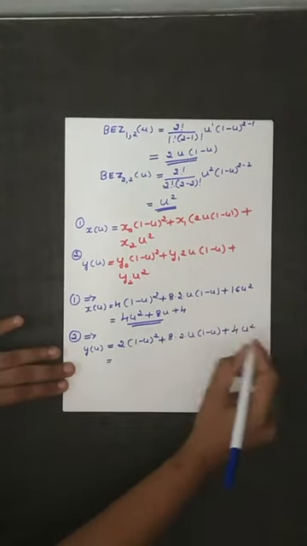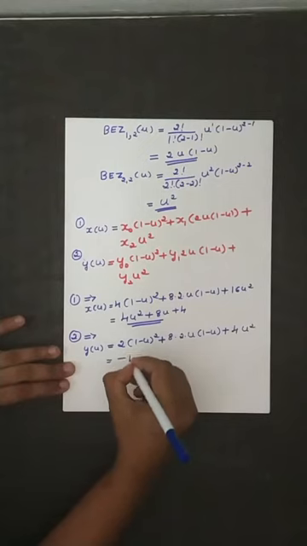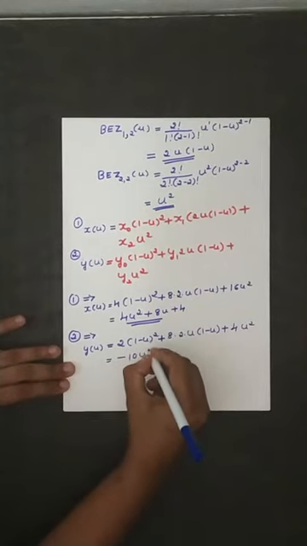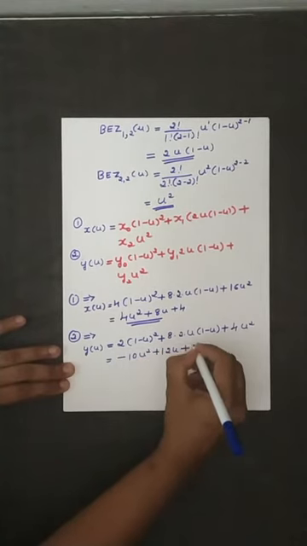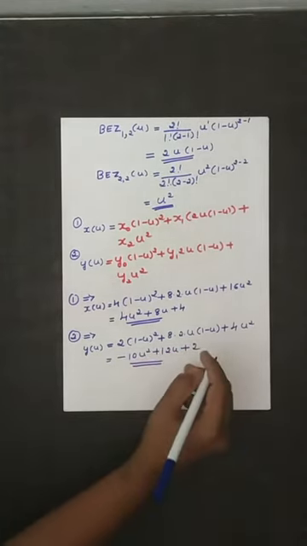Solve this, so you will get 10 minus 10u square plus 12u plus 2. So this is the final equation.